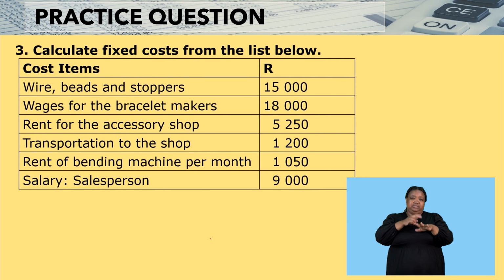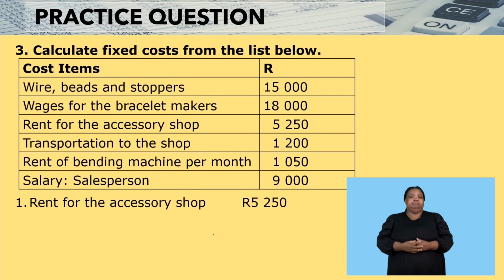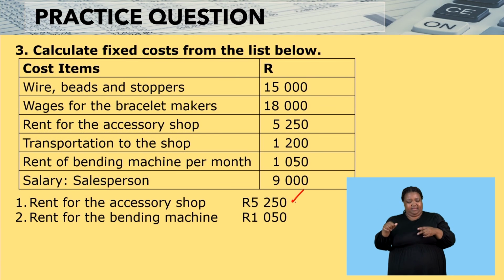So here we're going to calculate the fixed cost. Let us therefore begin. The first one is rent for the accessory shop, which is 5,250. The next one is rent of the bending machine, the 1,050 there. So we have 2 so far.